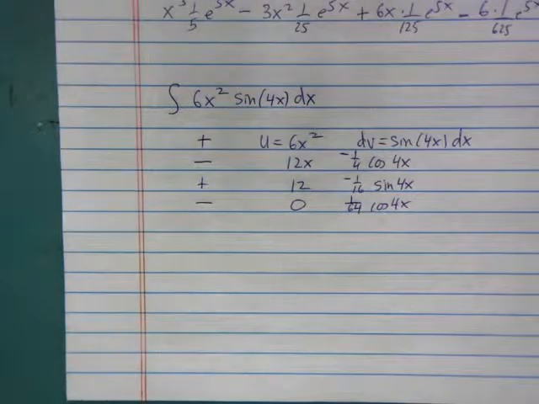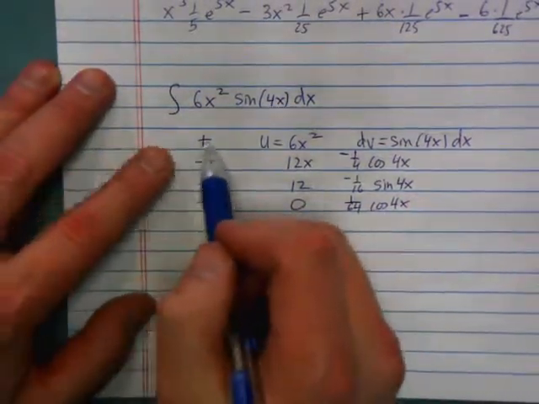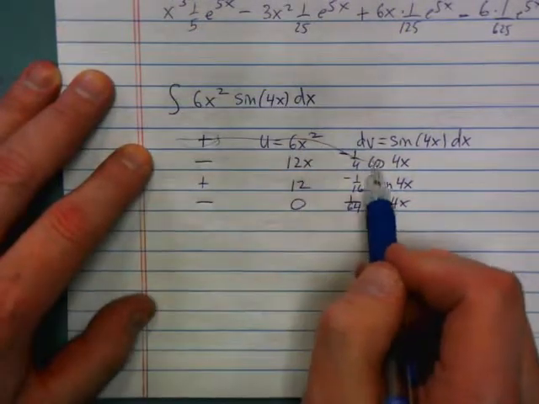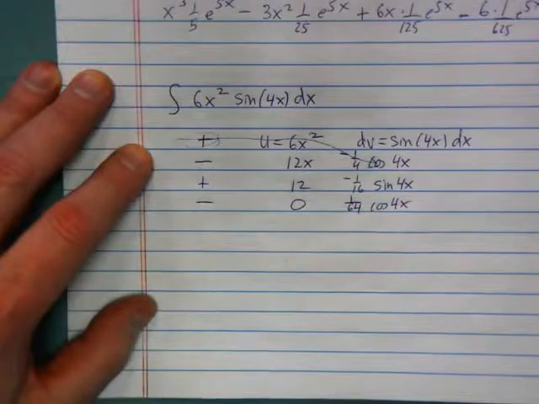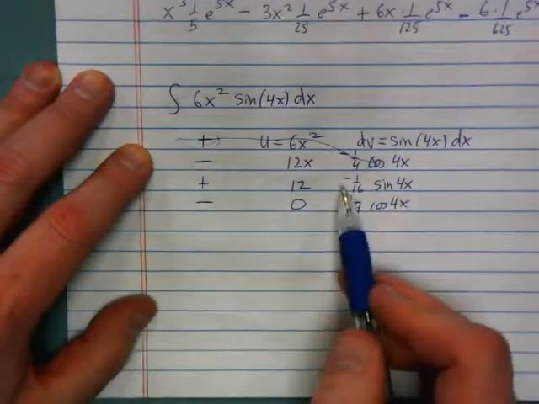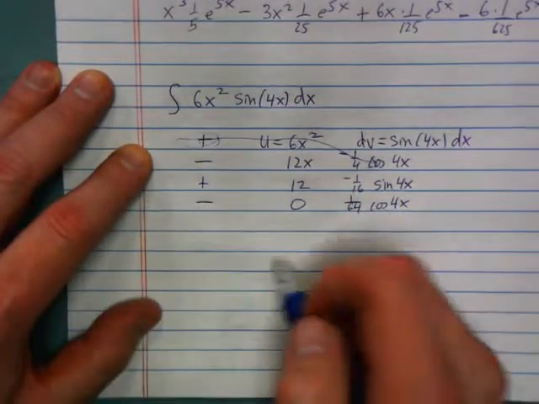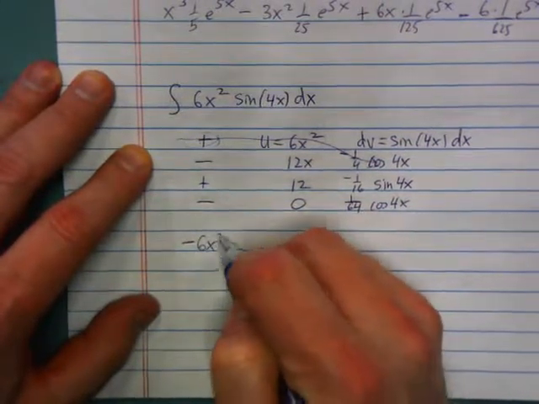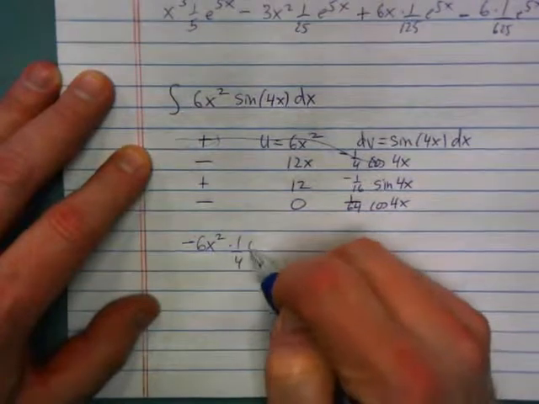All right, so here's the answer. Now notice I've got a plus here in my original setup, but when I multiply through, I've got 6x squared times a negative 1/4. So even though this is a plus, a plus times a minus is still a minus. So the first term is minus 6x squared times 1/4 cosine 4x.